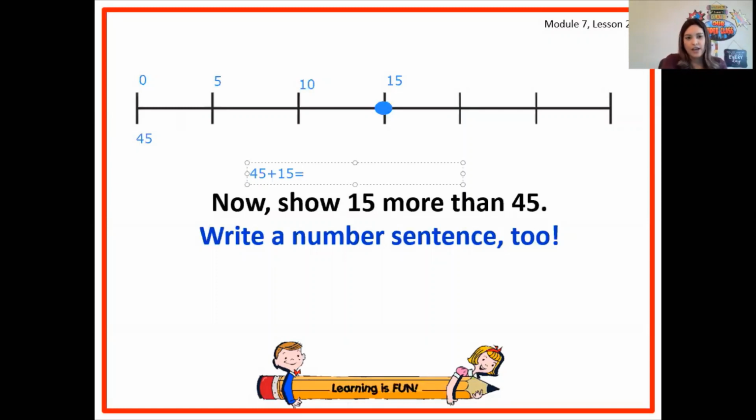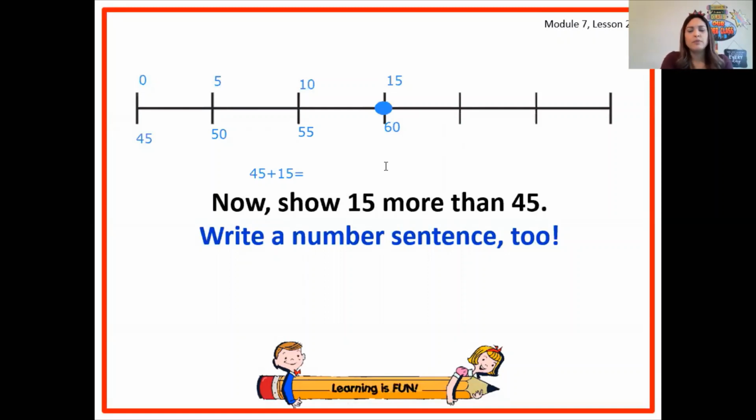Well, let's figure it out. 45, we count by 5, so 45. What's after 45? 50, and my next hash mark is 55, and my next hash mark is 60. Very good. So do I have to keep going?